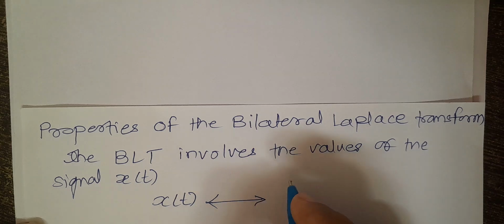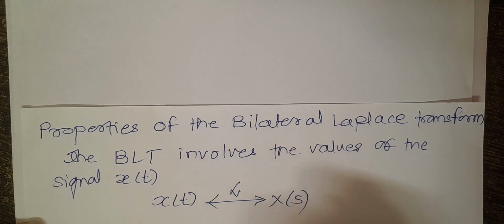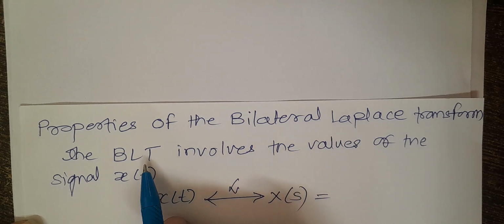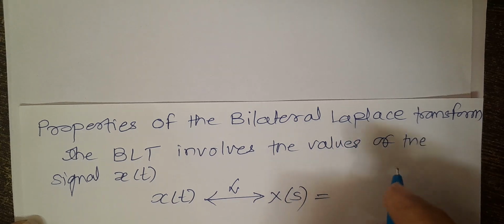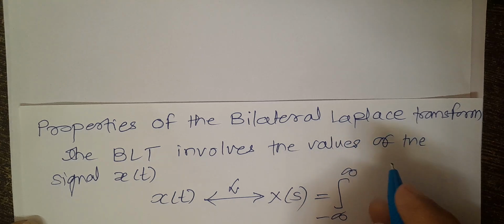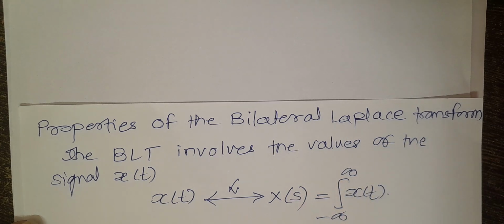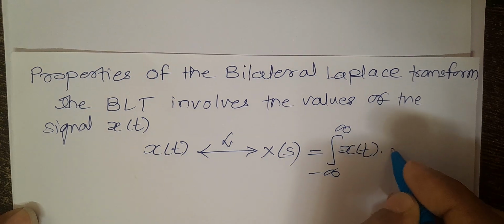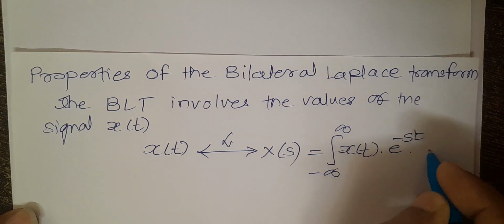The Laplace transform of this is x of s, and therefore this is equal to: the bilateral Laplace transform involves the value of the signal for all values of t, from minus infinity to infinity, x of t into e raised to power minus st into dt.